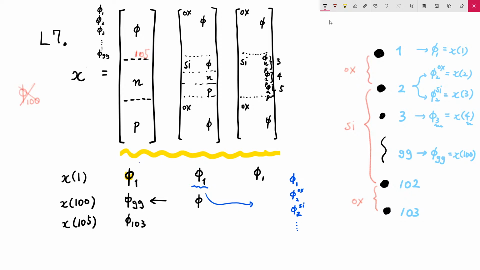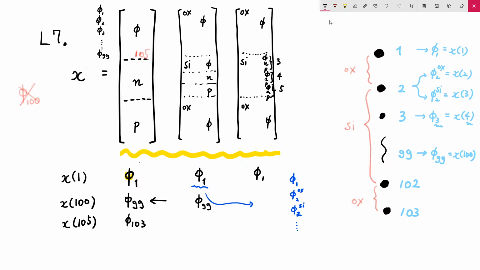Quite good. But think about this one. Even for this 105th one, we will have phi 1, oh sorry, I made a mistake here. Think about this one.